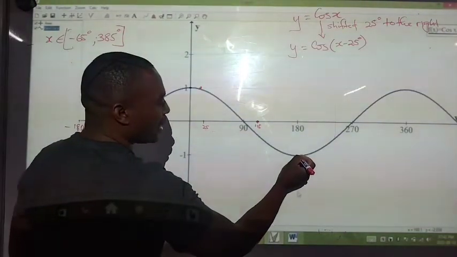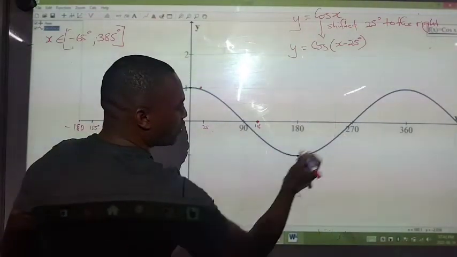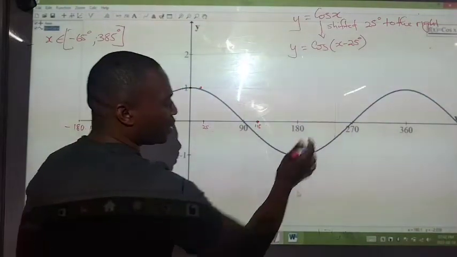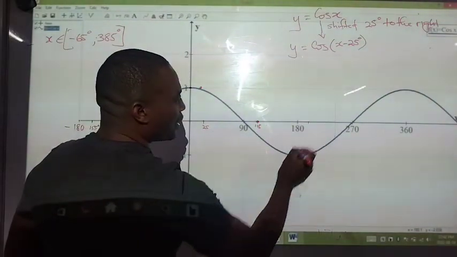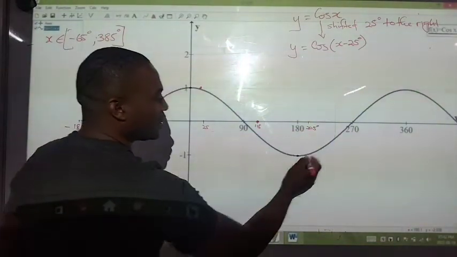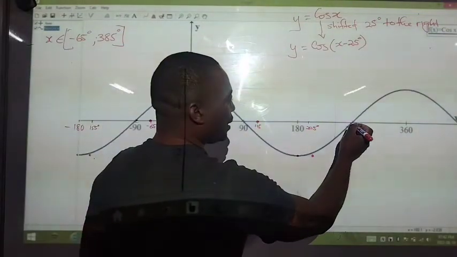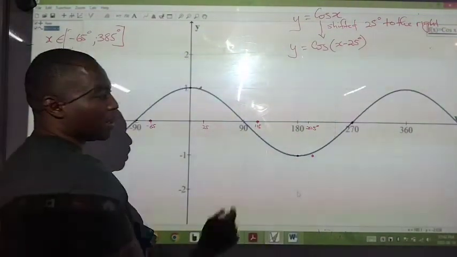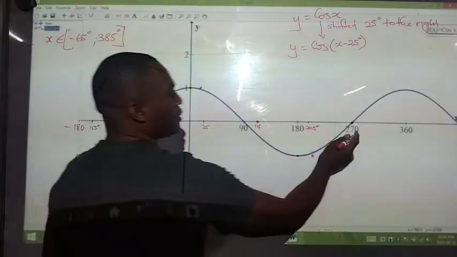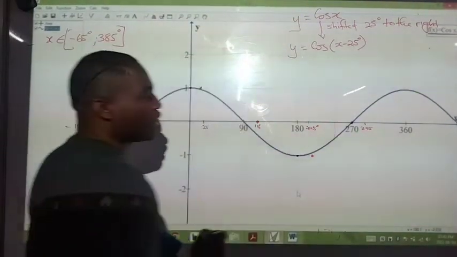This point, which is 180, -1, we move the point 25 degrees to the right. That is 180 plus 25 degrees, which will give us 205 degrees. That is where our new point will be. And then here, 270 plus 25 degrees, that will be 295.